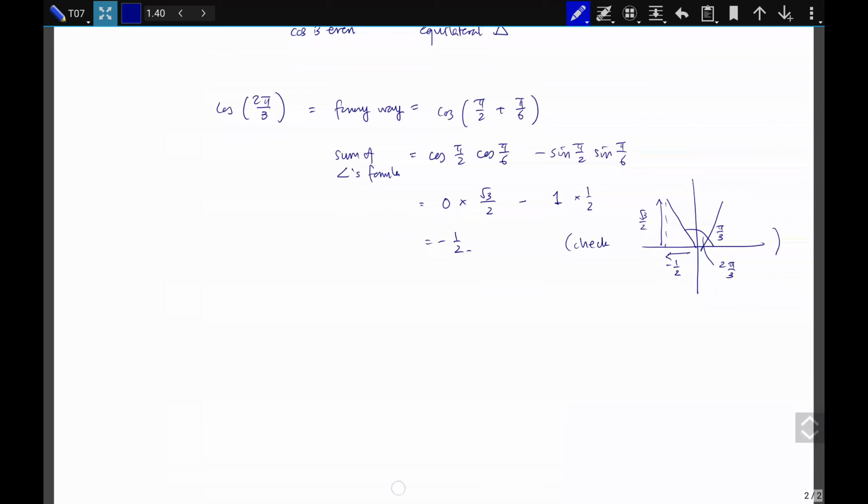And finally, just to check, the difference between pi by 3 and pi by 4 is 4 pi minus 3 pi all over 12, and that's pi by 12. Again, using the sum of angles formula.